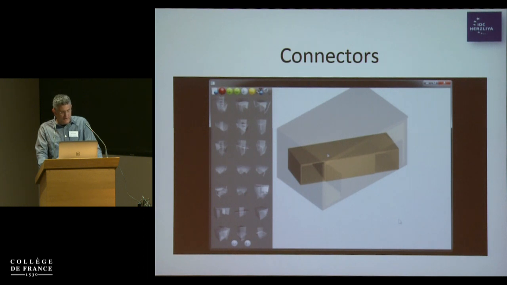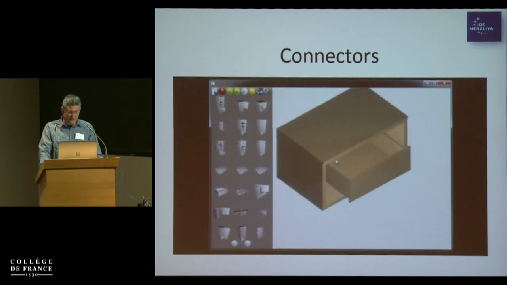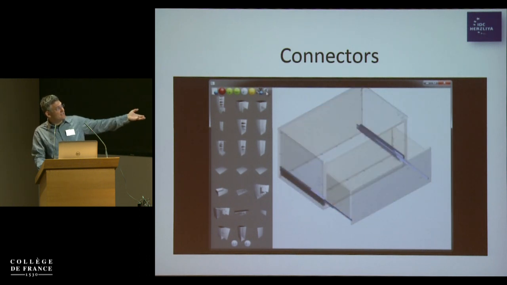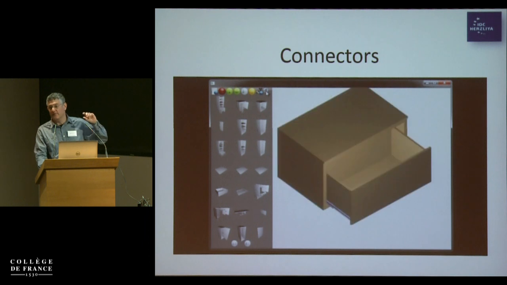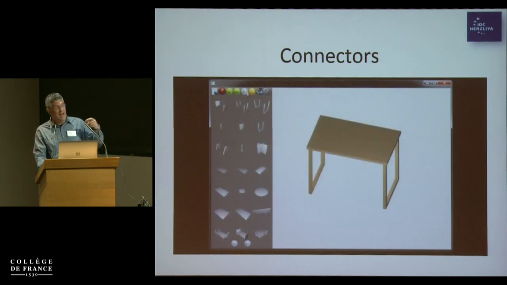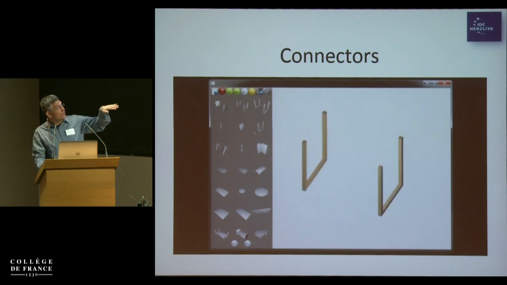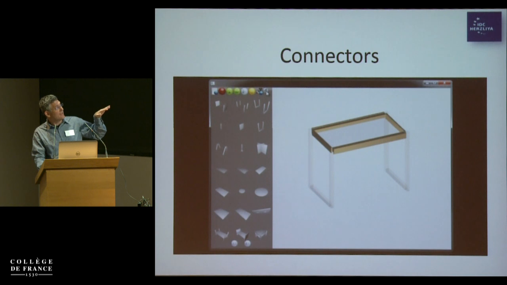And the last part is, of course, all these connectors, right? So when someone draws a drawer into some design, automatically the system brings in all the types of connectors that need to be added to the specific drawer. When you add a wooden tabletop, you get a specific type of connectors. When you drag a glass tabletop, you get a different set of connectors.